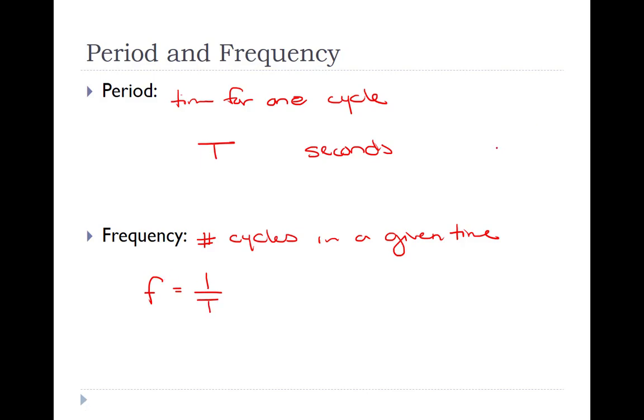So if I have a period of 2 seconds, if T equals 2 seconds, then the frequency would tell me that I have 1/2 of an oscillation every second. Now, the units of frequency are not typically given as units of 1/seconds. Instead, the units here are hertz, which by definition is 1/a second.